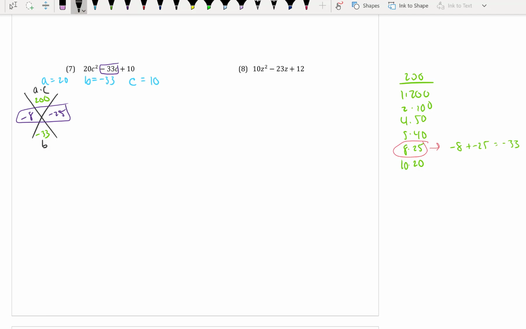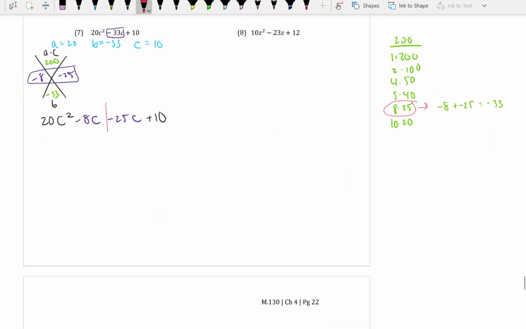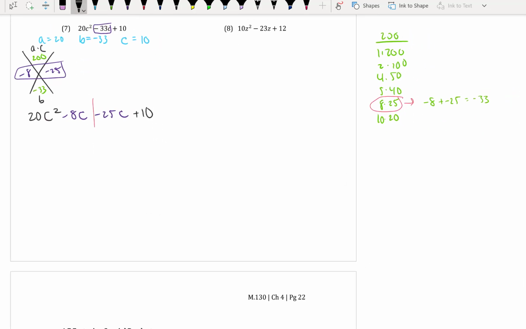So I'm going to rewrite this as my 20c squared minus my 8c minus 25c plus 10. So when I split this in half, what I have in common in the first two is, let's see, 20 and 8. I believe that's going to be 4c.